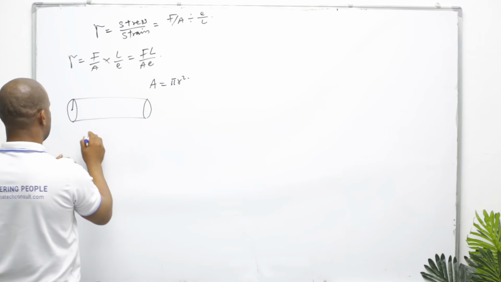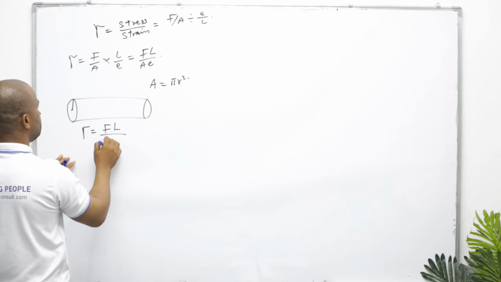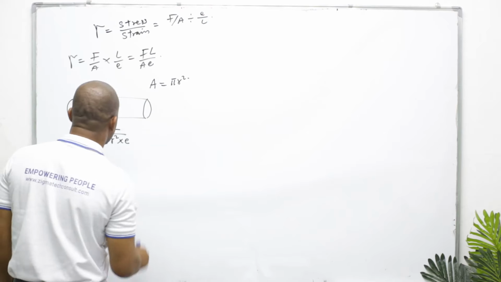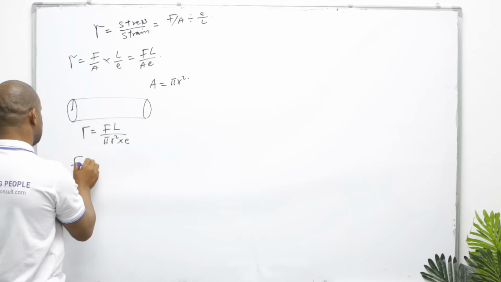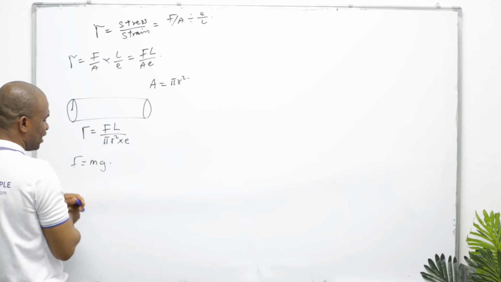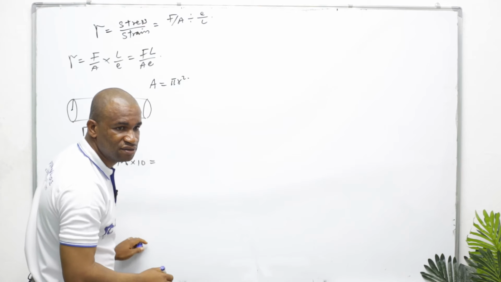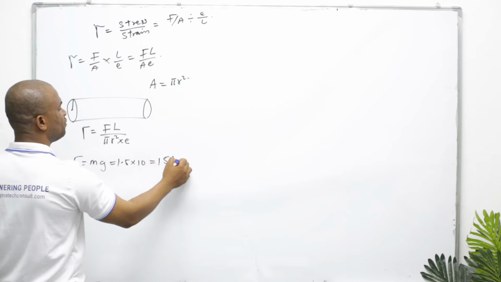So Young modulus is given as FL all over pi r squared times E. Now, the mass is given and the force. Force is going to be mass times g, like the weight, which is 1.5 times 10, which is 15. So the F is 15 Newton.